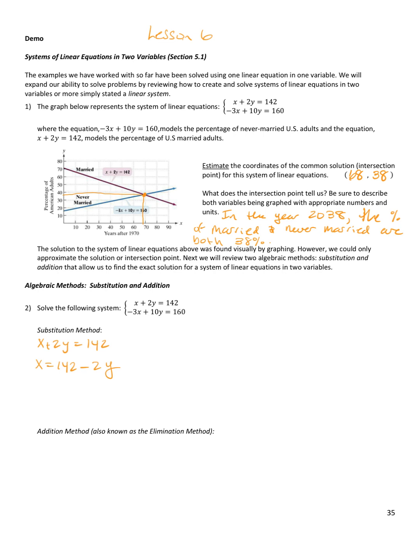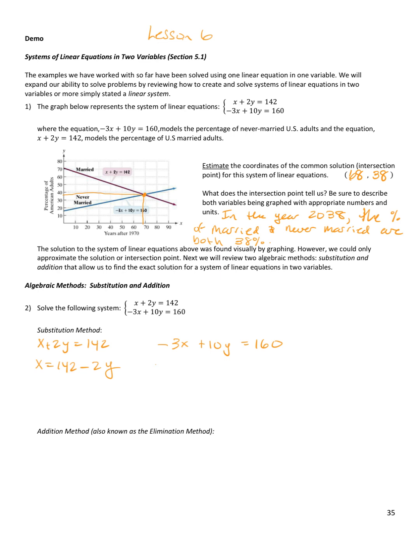Then I use my other equation, has to be the other equation, negative 3x plus 10y equals 160, and anywhere I see an x, like right here, instead of writing x, I'm going to write this expression with y in it, because x and this expression are the same, so I can substitute one for the other.